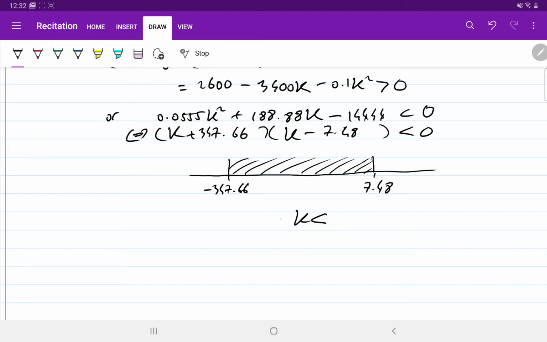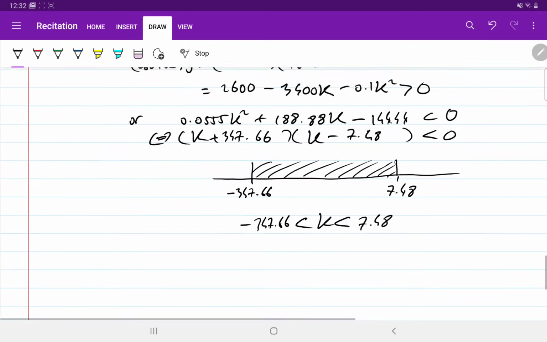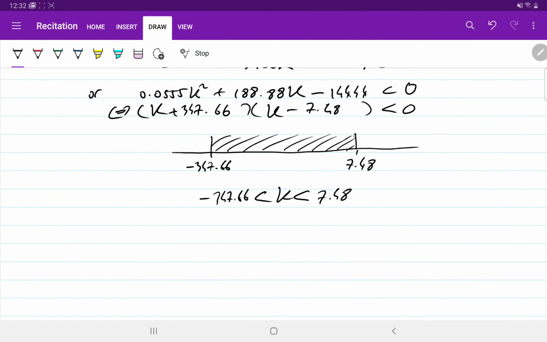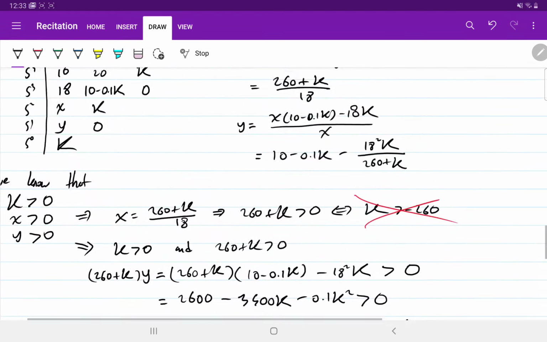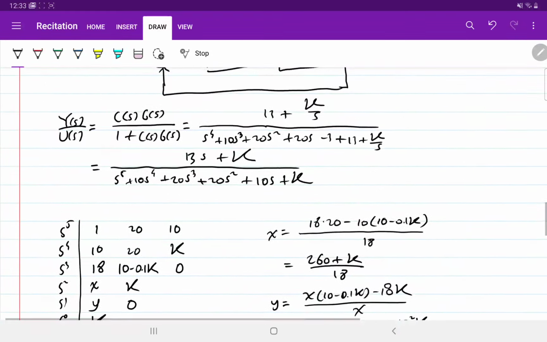So k should be between minus 347.66 and 7.48, but since we need k to be positive, k must be between 0 and 7.48. So that's the region that makes the closed loop system stable.